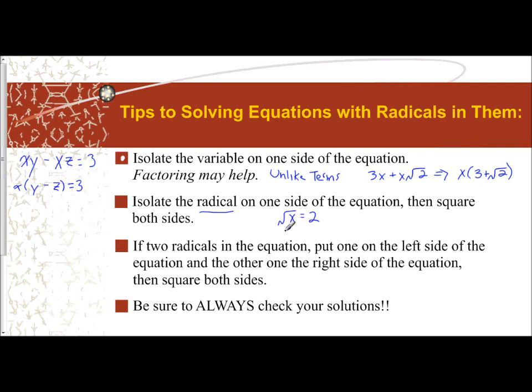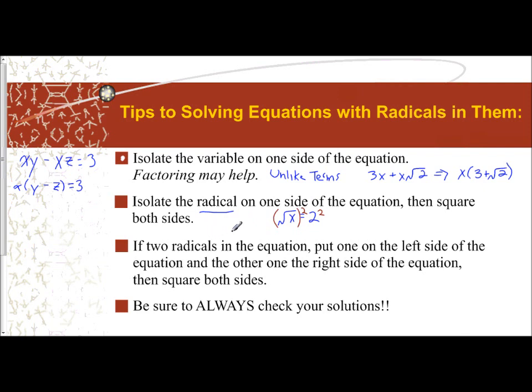It's all by itself. So now I do the opposite operation, the inverse operation to cancel it out. And so the opposite of square root is square. And so I would square both sides to cancel it out. So if you have one radical, you isolate it and move everything to the other side. And after the radical itself is completely isolated, you square both sides.